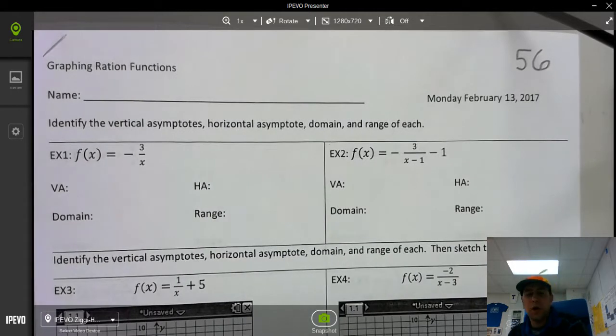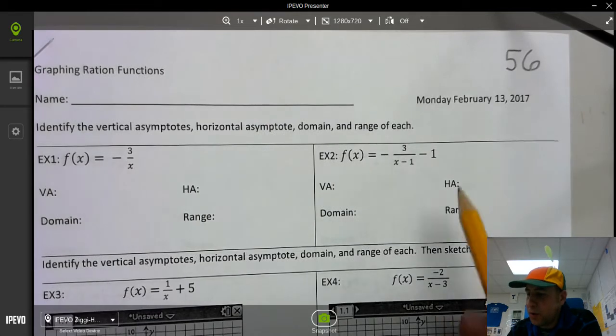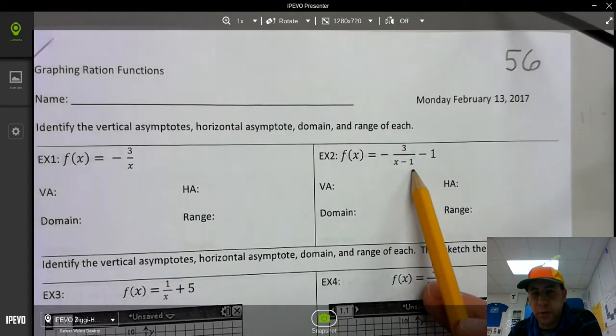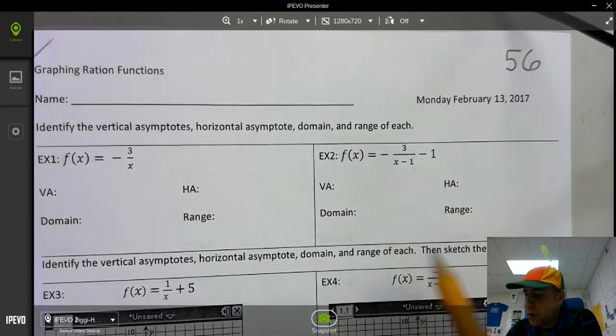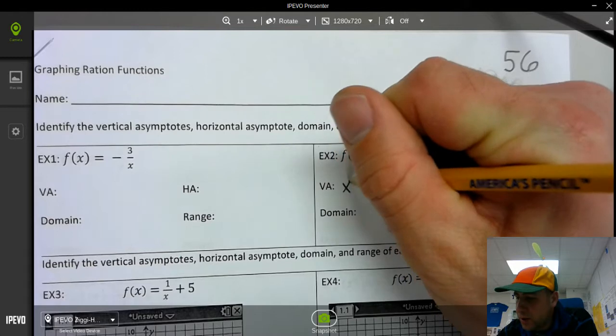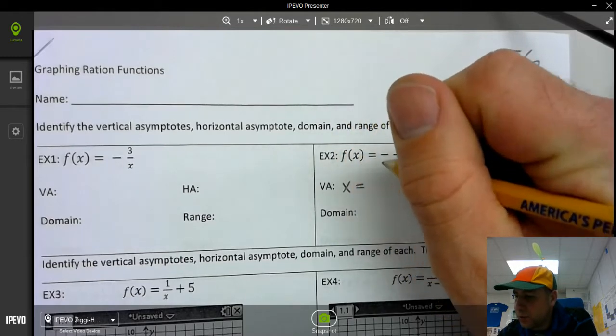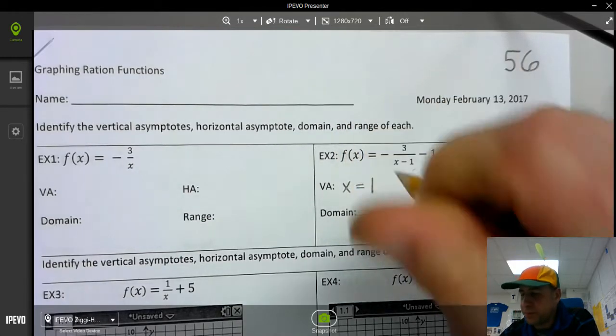So we know that the asymptotes are moved from x equals 0 and y equals 0 based on the transformations. We know that the x minus 1 here is going to move the vertical asymptote to the right one, so our vertical asymptote is x equals 1.